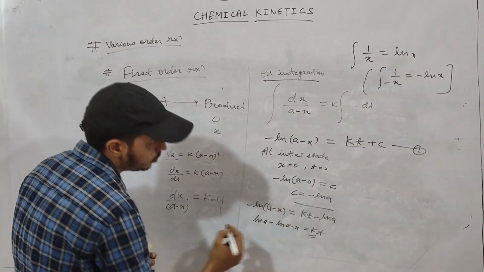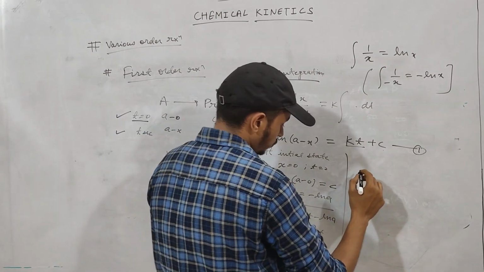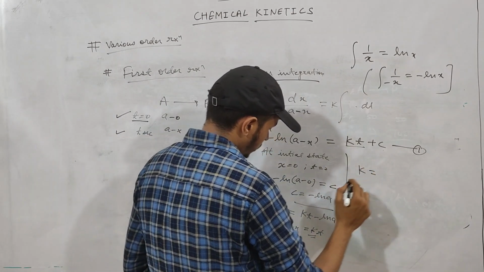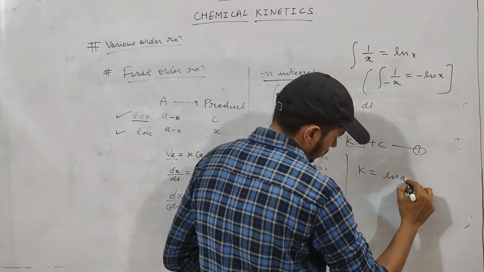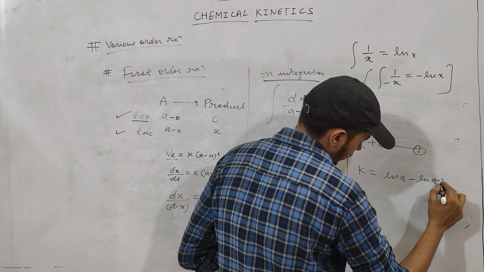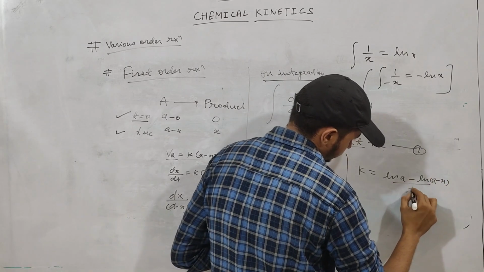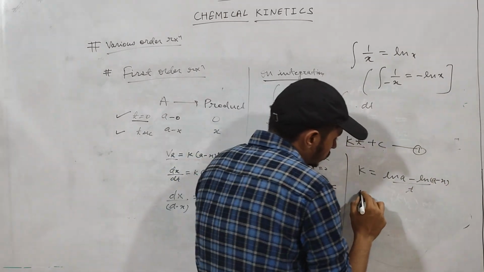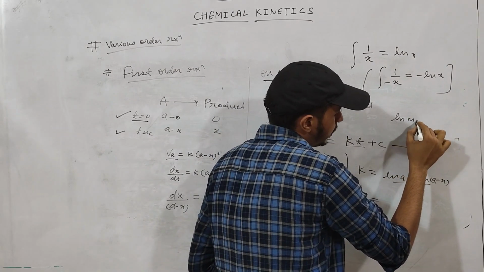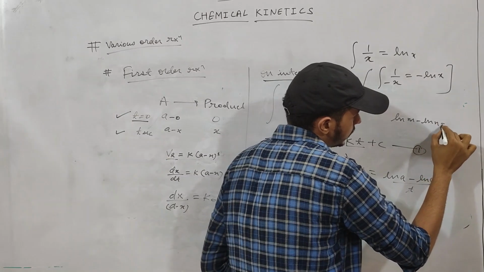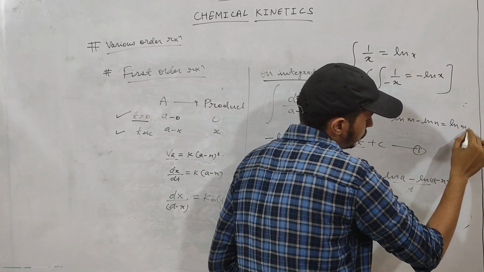Now we have to find the value of k. So k is equals to, t will go downward, ln A upon A minus x upon t. If ln m minus ln n is written, we can write it as ln m upon n.